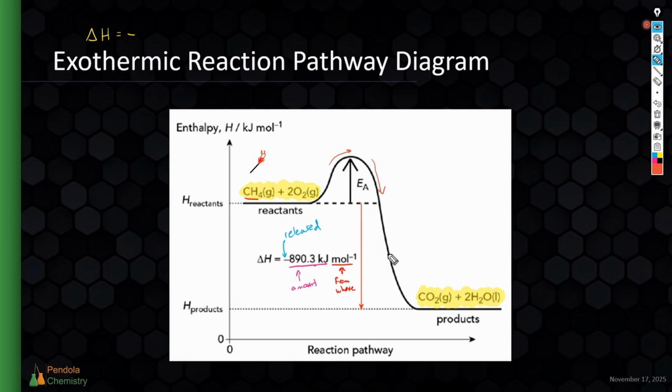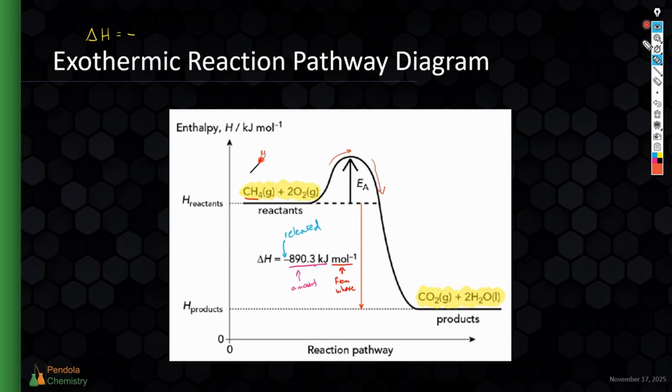They need a push, in this case a match or a spark. That spark provides the activation energy that we need in order for the products to be created. So we need to get it going. We need to break a few bonds, which takes a bit of energy, in order for the reaction to get going and create the products.